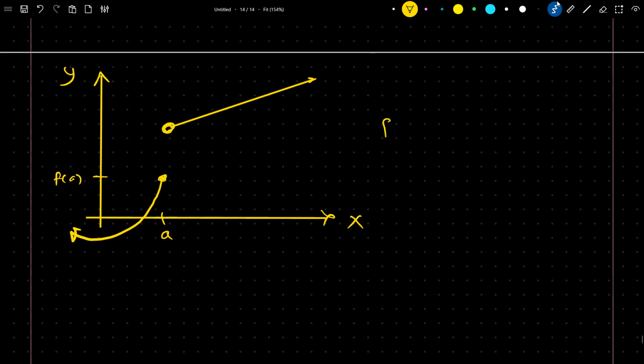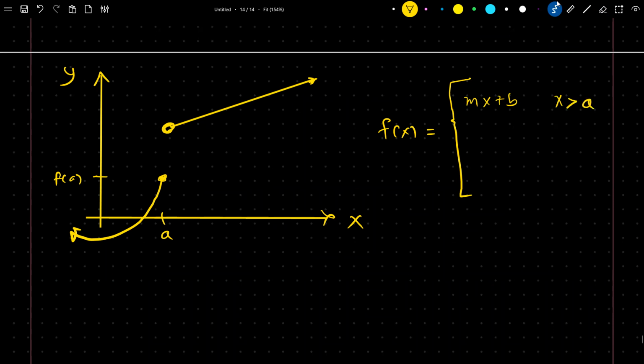So our function is a piecewise function, and it's defined to be some kind of a straight line. So it's mx plus b. So this line, whatever this line is, for x greater than a.